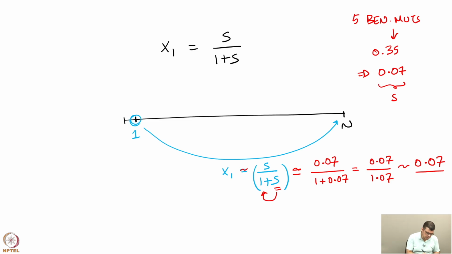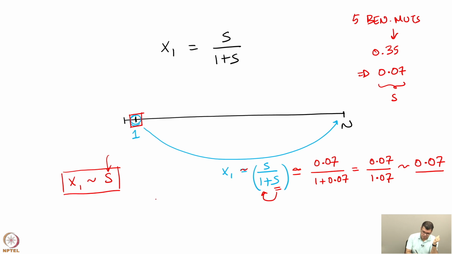It is usually safe to assume that x1 is almost equal to S, which means that when a beneficial mutation occurs, it only has a chance, proportional to the fractional benefit, the relative advantage that it provides, of reaching fixation. All other times it is going to go extinct.